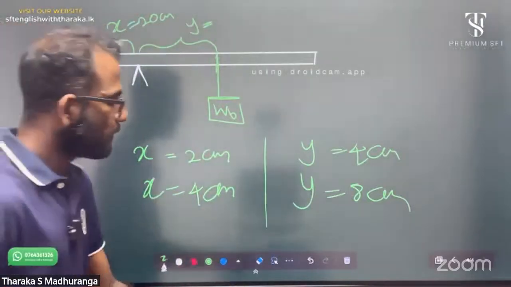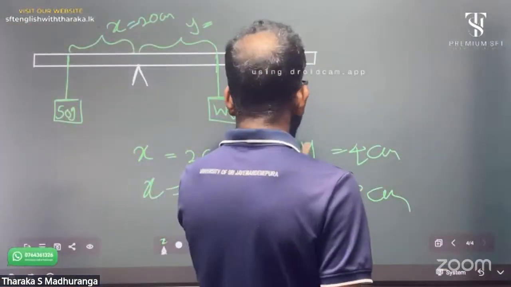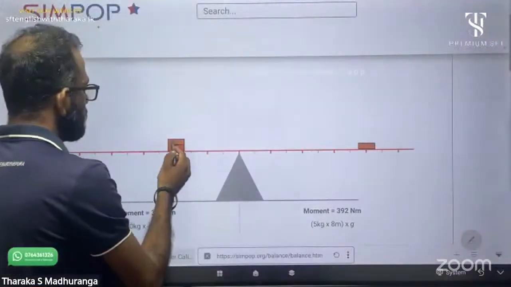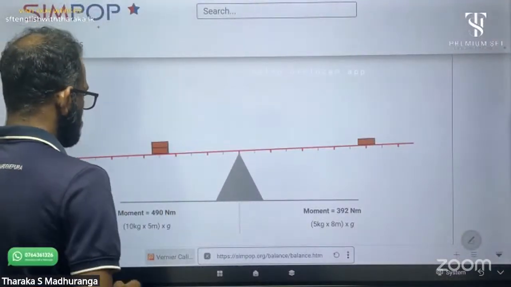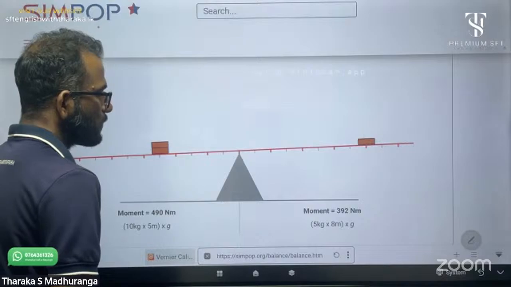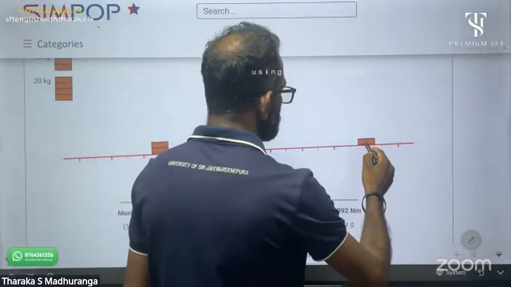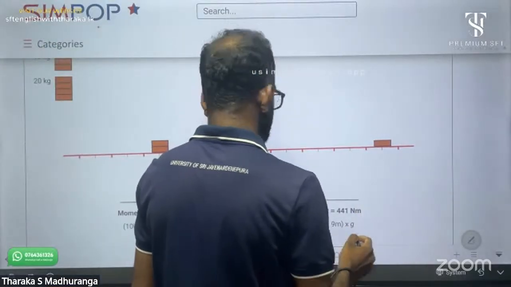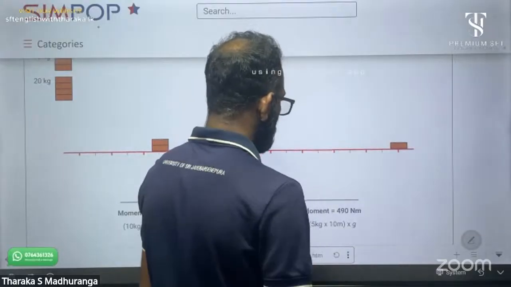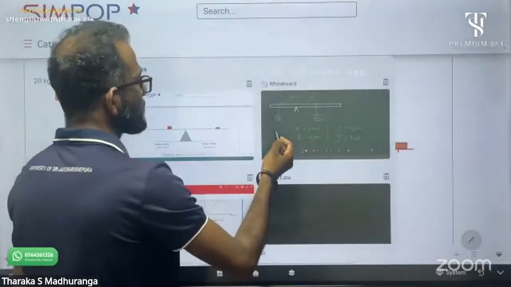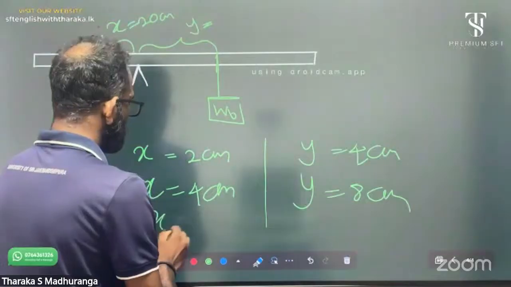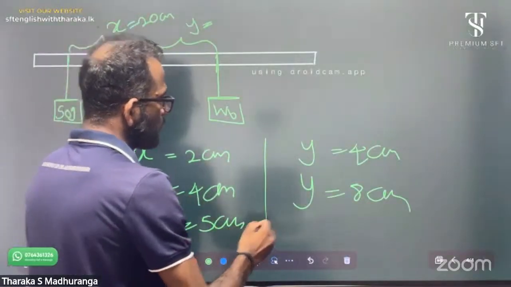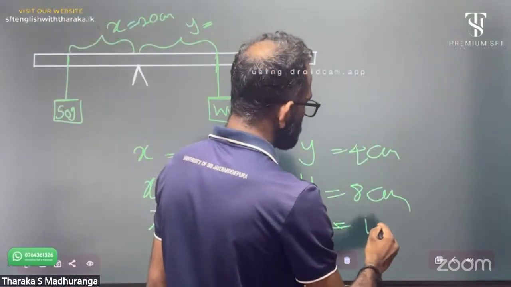Okay, let's see. Put it at 5. It is 10. X equals 5 centimeter, y equals 10 centimeter.